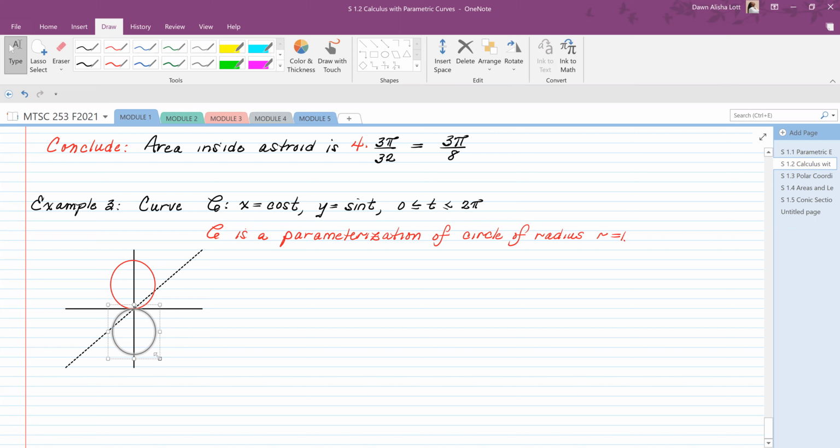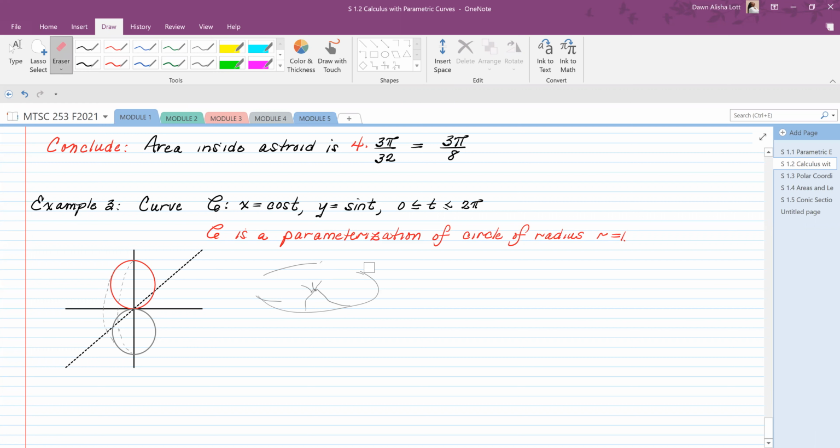And I'm creating something like this, but it's pinched in the middle. Okay, but it's sideways.